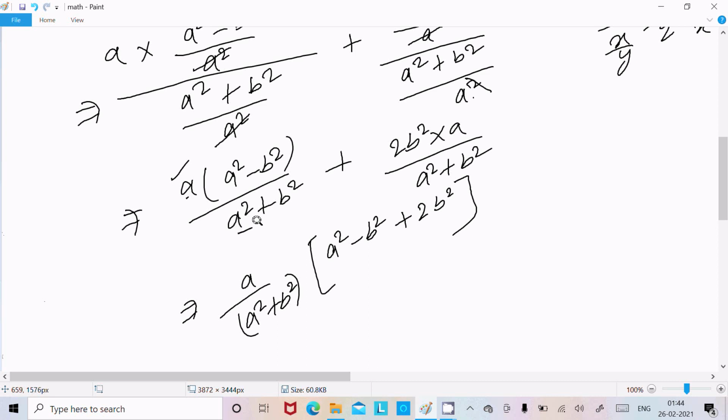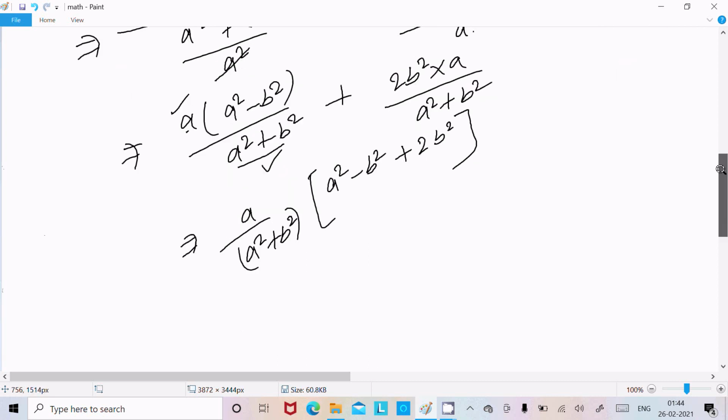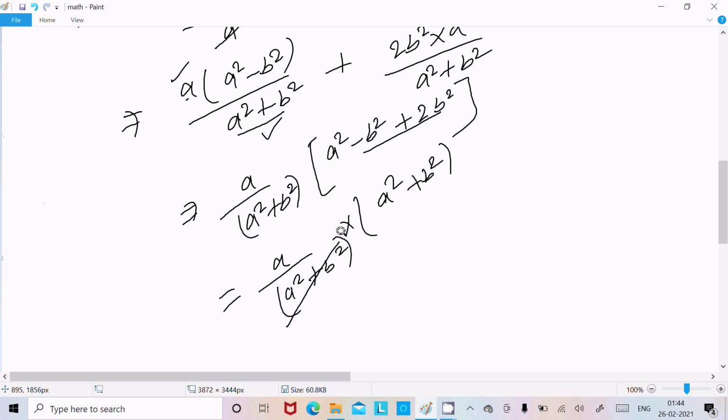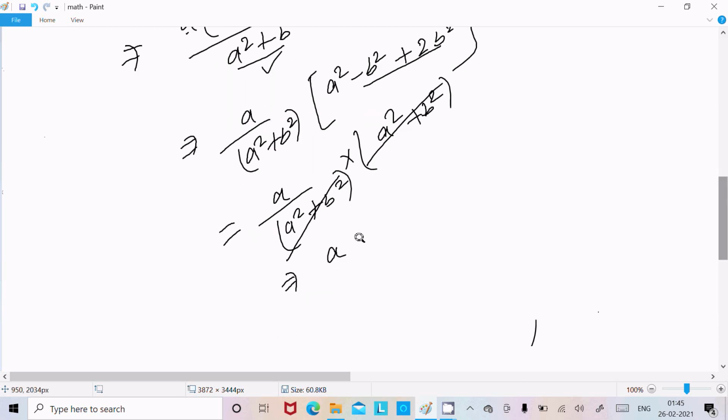This one and this one, I take the common. Now b square and 2b square: writing 2b square minus b square, that comes b square. Here you can see this is in multiplication, this will cancel with this one. So finally a comes. So a is the answer.